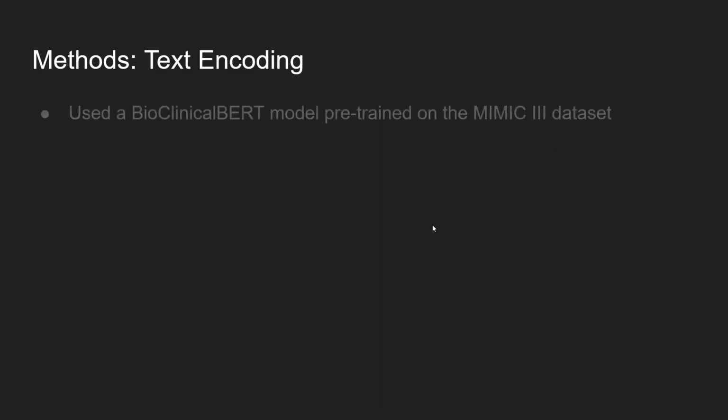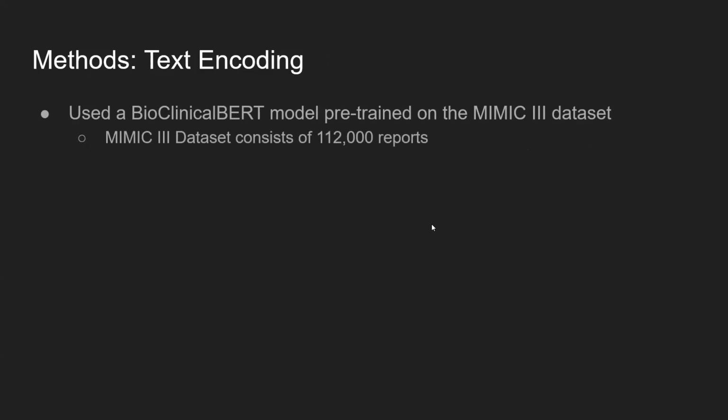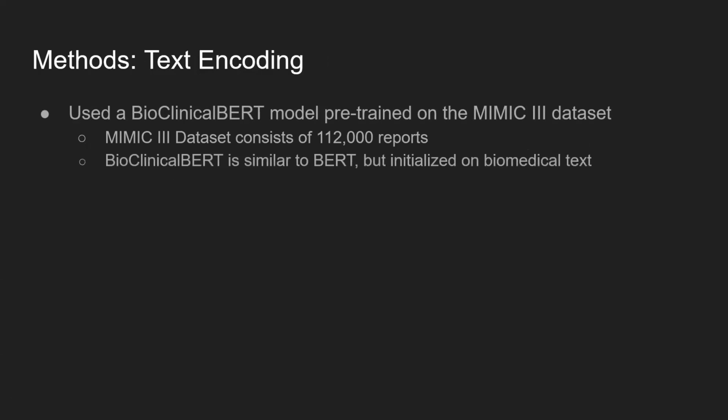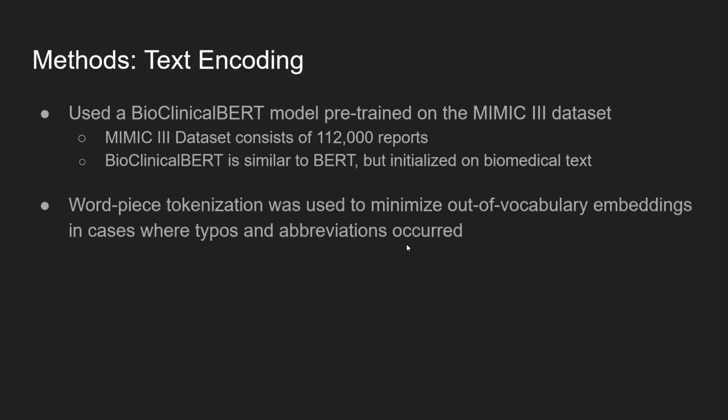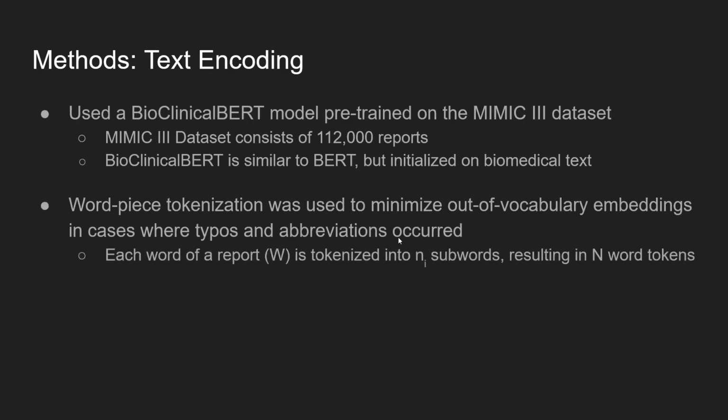For the text encoding, they used a bioclinical BERT model pre-trained on the MIMIC3 dataset. The MIMIC3 dataset consists of 112,000 reports, and bioclinical BERT is similar to BERT, but initialized on biomedical texts. So word piece tokenization was used to minimize out of vocabulary embeddings in the cases where typos and abbreviations occurred.